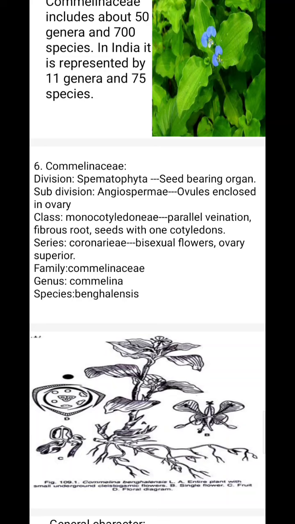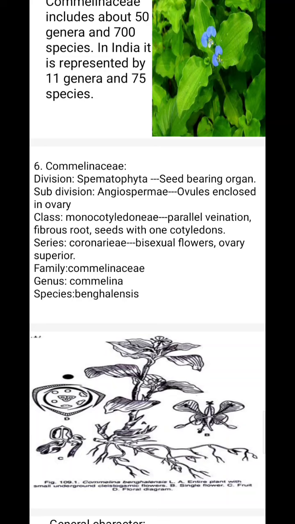So it comes under the division Spermatophyta, that means seed bearing plants. Then subdivision is Angiospermae, that is ovules are enclosed in the ovary. Then it belongs to the class Monocotyledonae, characterized by parallel venation, fibrous root system, and seeds with one cotyledon.